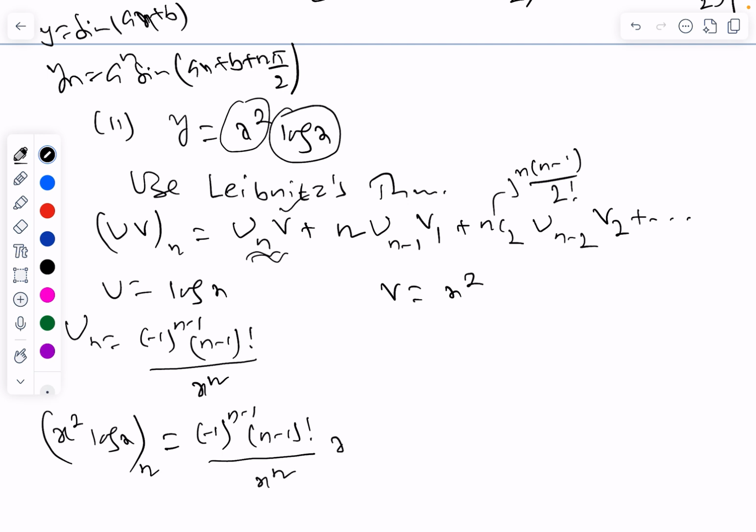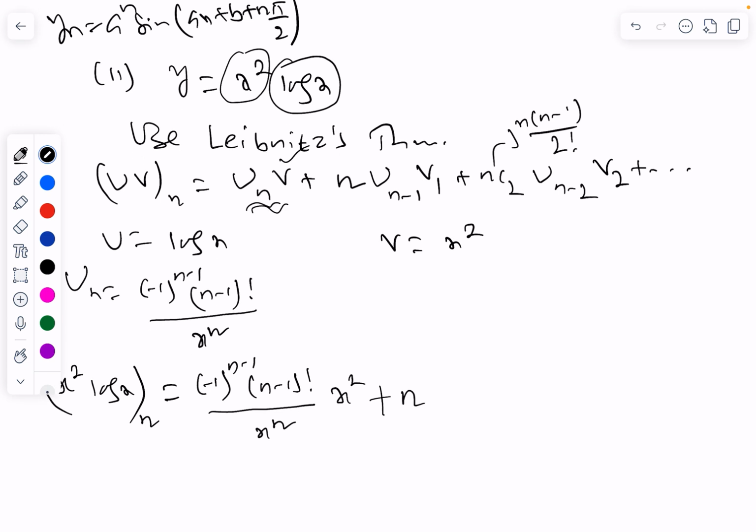V is x square, plus n. Now decrease the derivative here by 1. So minus 1 power n minus 2, n minus 2 factorial over x power n minus 1.